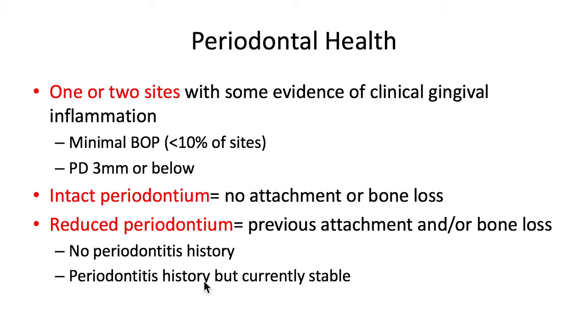And by the way, periodontal stability is characterized by successful treatment through control of local and systemic risk factors, resulting in bleeding on probing at less than 10% of sites, and probing depths at 3 millimeters or below, and there's no progressive periodontal destruction. So reduced periodontium, intact periodontium, both of those situations could be the result of, or could be included in this realm of periodontal health.